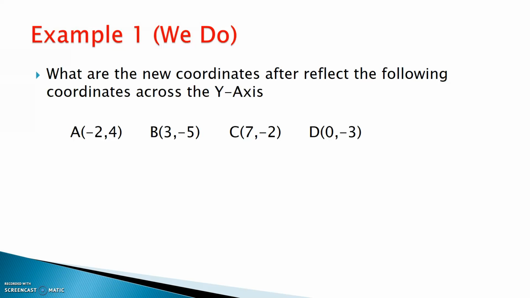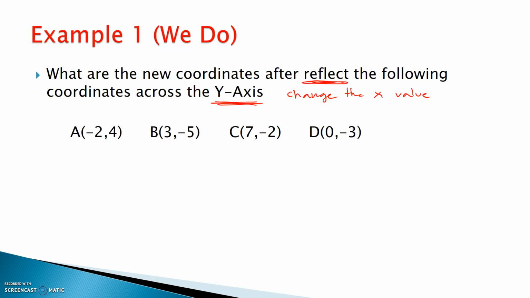Remember the picture that we saw: when I'm reflecting across the y-axis, my y's stay the same, change the x value. I'm going to flip that x value from positives to negatives and from negatives to positives. That's a shortcut when I'm reflecting, keyword here, reflecting over the y-axis.